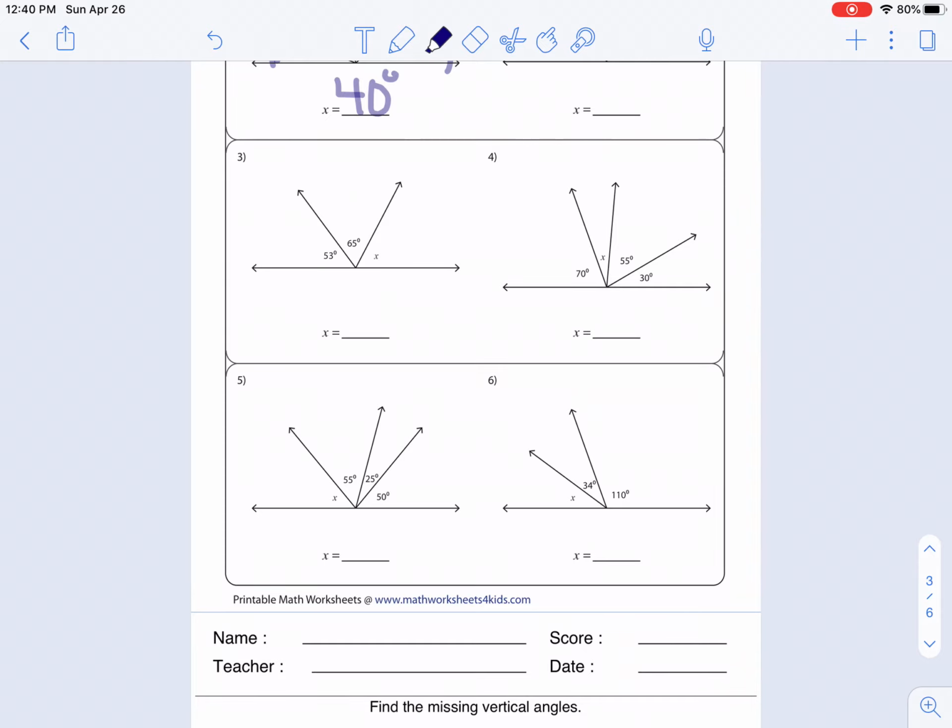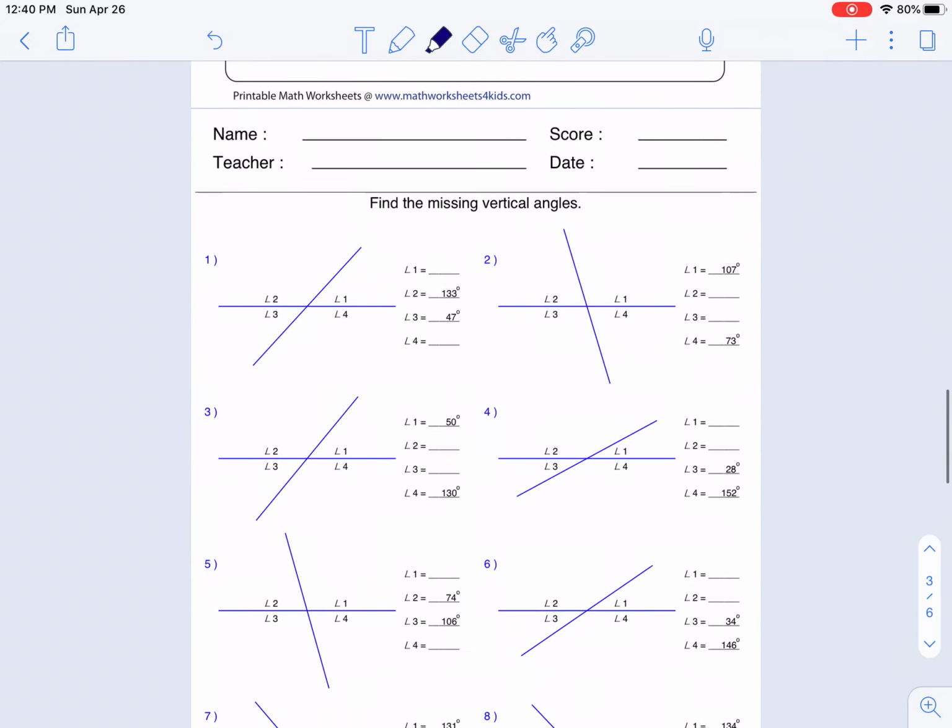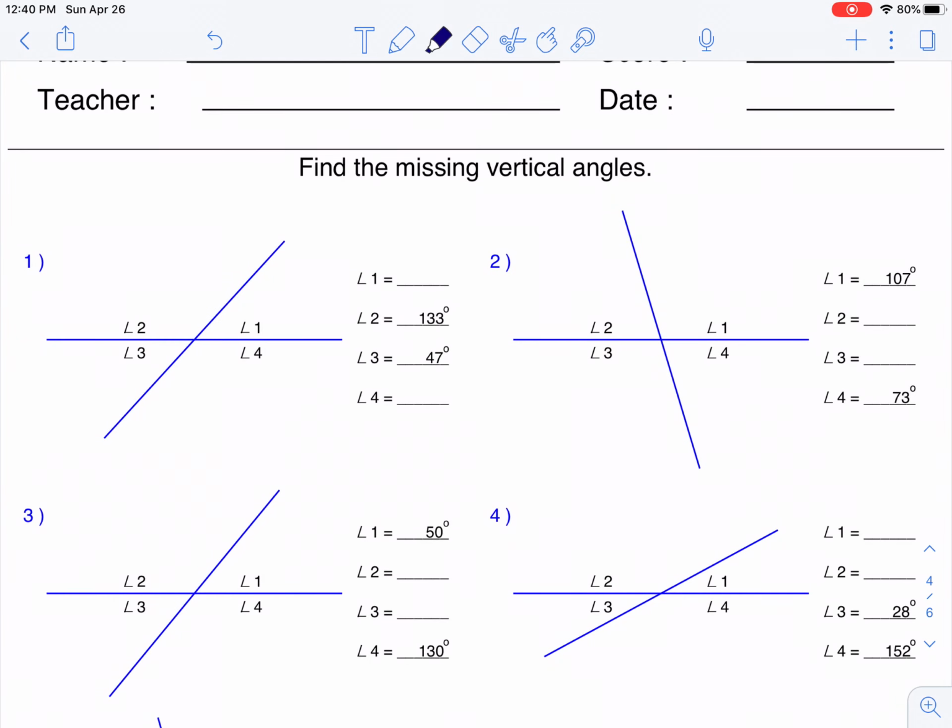Okay, practicing supplementary angles, finding the missing angle. Let's look at one of these examples. So it gives us that angle 2 is 133 degrees, and angle 3 is 47 degrees. Does that make sense? 47 plus 133 makes how much? 180 degrees, because they make a linear pair, supplementary pair, straight angle. What do we know about angle 2 and angle 4?